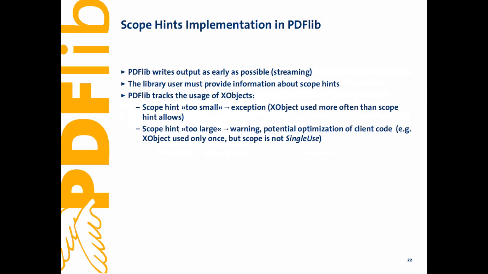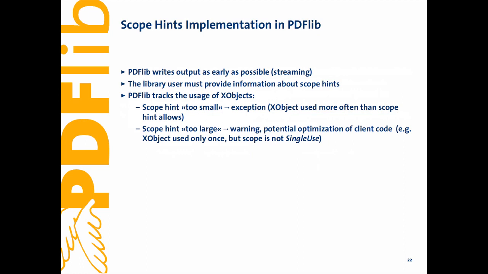So this means the library user must specify the scope hint, but afterwards PDFlib tracks how often an X object is referenced, and if you violate the scope, it will do two different things. If the scope hint is too small, it will throw an exception.